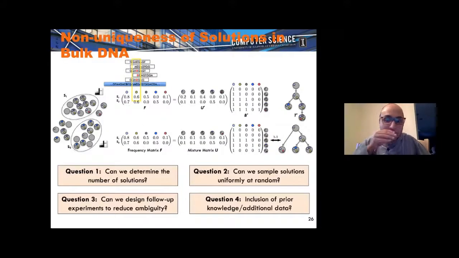Now, just going back to this bulk sequencing. You can actually represent this as a matrix factorization problem. I know this is very technical, but I just want to give you a very brief sense and formulate 4 key questions that we try to answer in the group. So what I'm showing you here is a tumor, and we took 2 biopsies from the tumor, S1 and S2. In addition, we also took a normal biopsy, which I'm not showing.